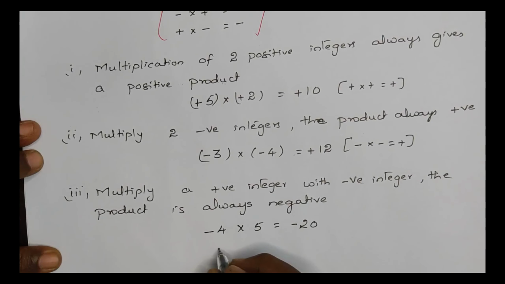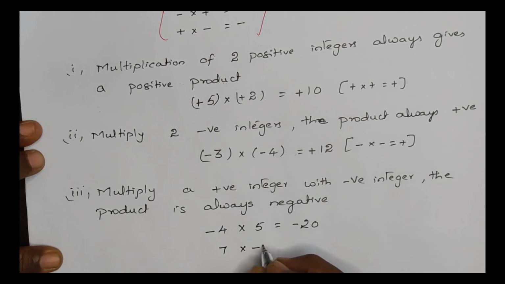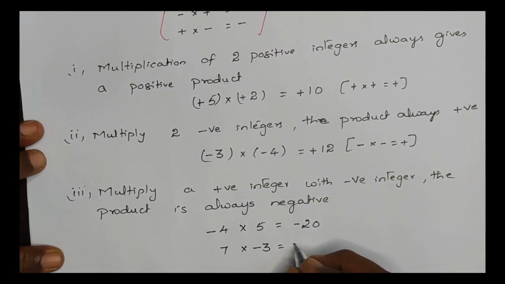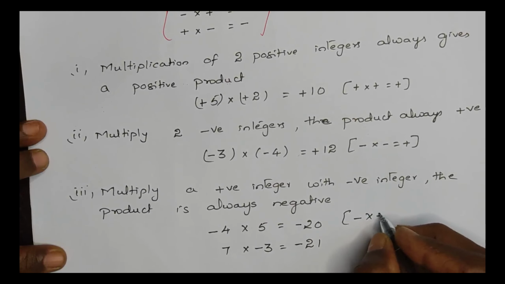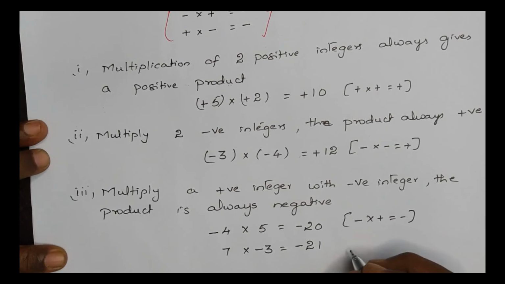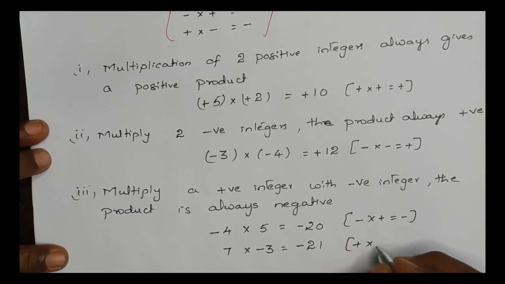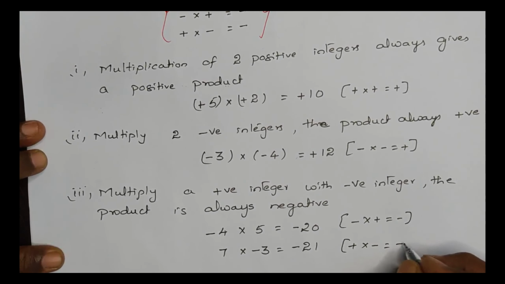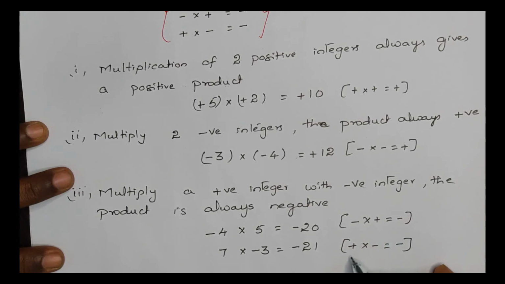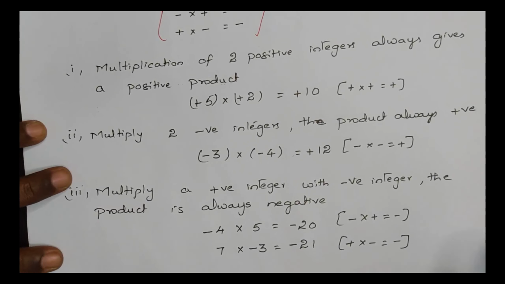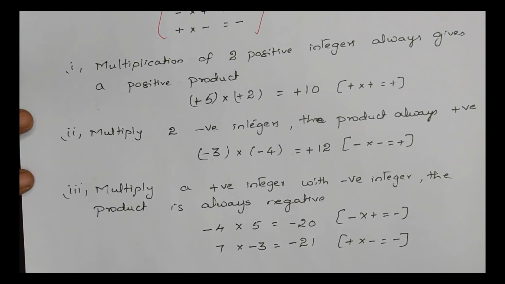Now if you multiply a positive 7 with a negative 3, it gives a negative 21. Negative into positive gives you a negative result, and positive into negative gives you again a negative result. So these are the two situations. This is the interchanging of numbers.